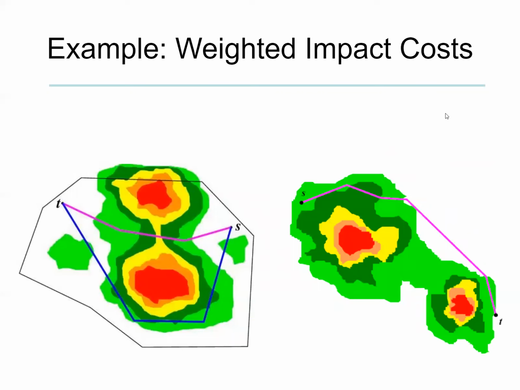So again, a schematic example: we could have something like this map of how severe the weather is at different parts. And then, as I said, you can model the severity of the impact as the weight of the path. When going through yellow or red zones, you're incurring a higher cost or higher weight of your path.